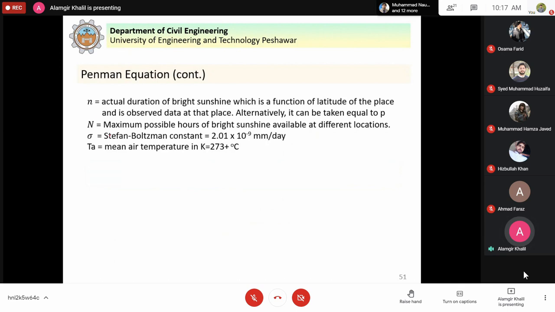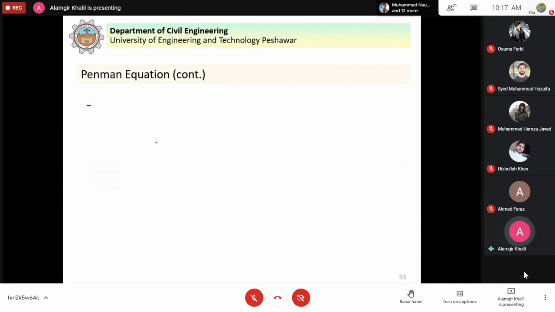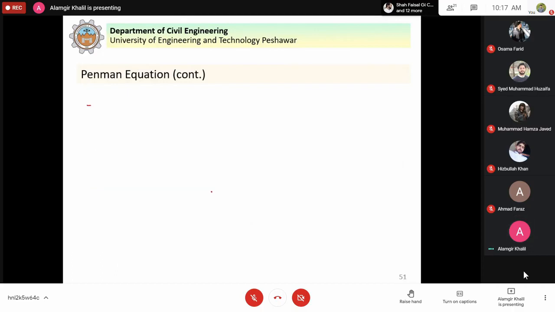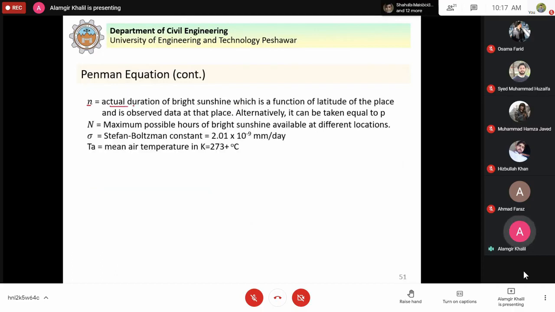Similarly, in this equation, this small n here, and also here, is the actual duration of bright sunshine, which is a function of latitude of the place and is observed data at that place. If we do not have the values for this small n, alternatively it can be taken equal to p.